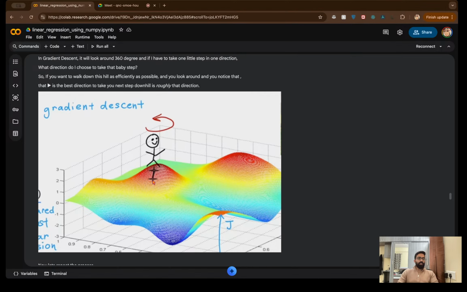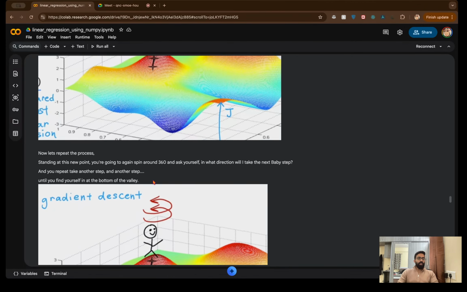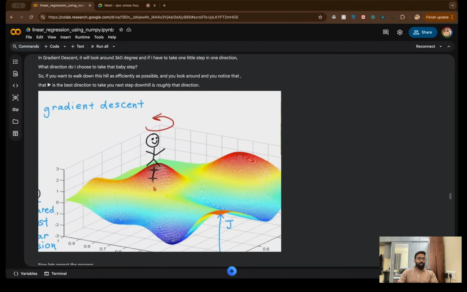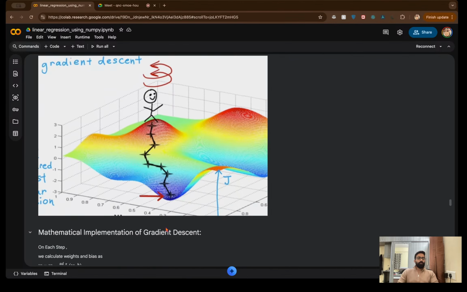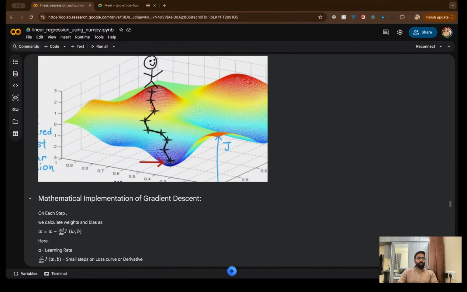So I'll take this direction. Then again at this point I take a 360 degree turn, and I see, okay, this direction. Then again at this point, I'll go this direction. That's how it takes small steps until it reaches convergence, where it cannot go beyond the lowest possible value. This is the lowest possible value of J.